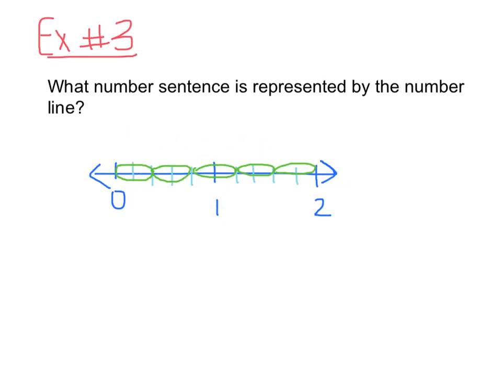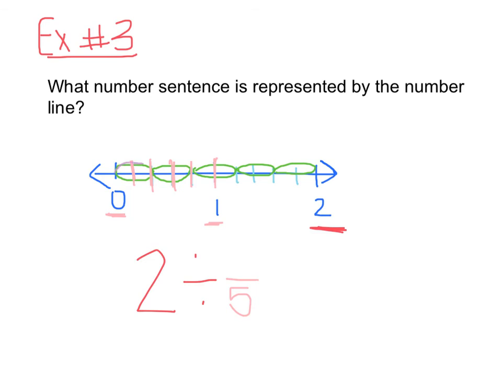Okay, again, we have another number line. So I know my whole number here is 2 because that's where my number line ends. So I'm dividing up the 2. I need to count how many lines are between each of my numbers. So from 0 to 1, I have 1, 2, 3, 4, 5 lines. So that is my denominator. My numerator is going to be how many sections these green circles are covering.